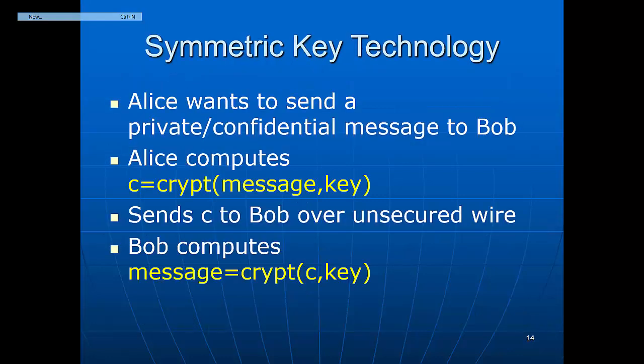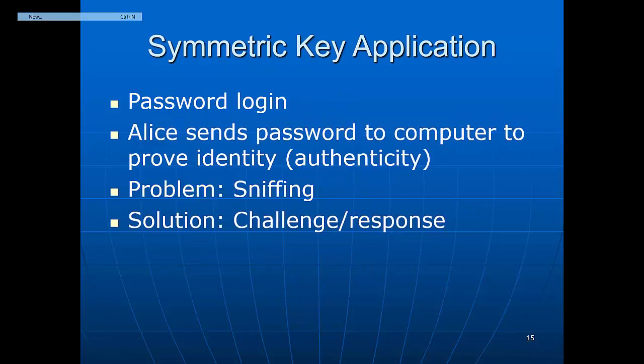So there are basically two main techniques, the older being symmetric key technology. The idea is Alice encrypts her message with a key and sends it to Bob, and Bob then is able to retrieve the message by unencrypting it with the key.